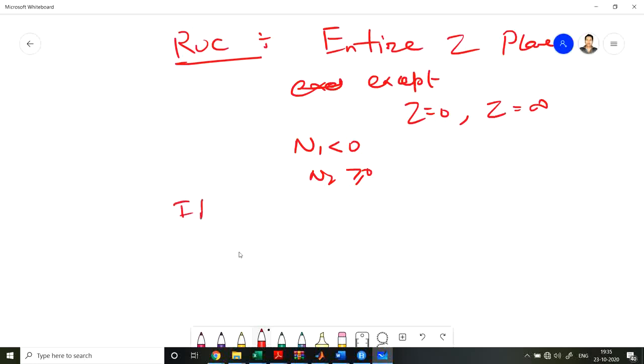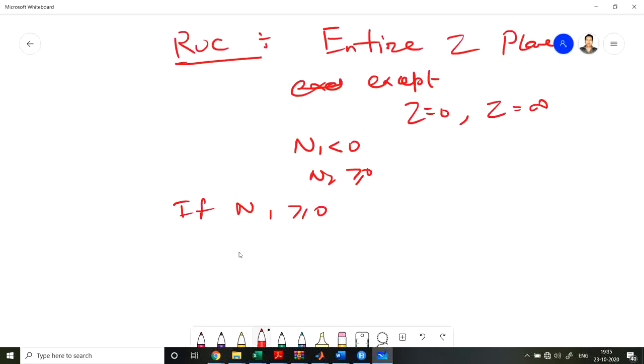Another case is if N1 is greater than or equal to 0, so equation 1 contains only negative powers of z. When N1 is greater than or equal to 0, only negative powers of z exist because N2 is also greater than 0.